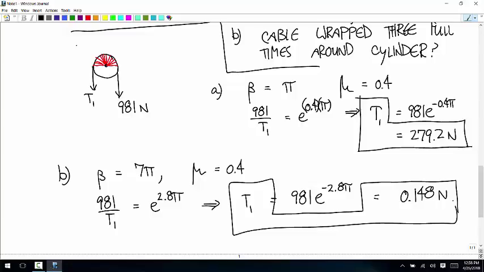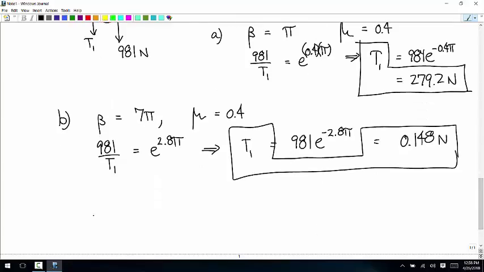So this formula says another way to write it is T1 is equal to T2 times e to the negative mu beta.